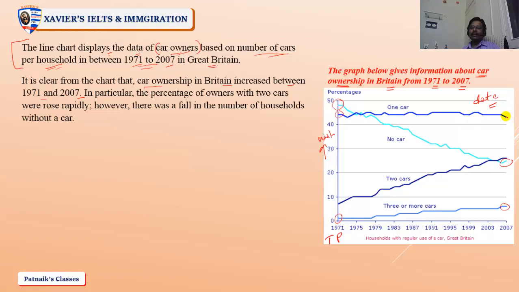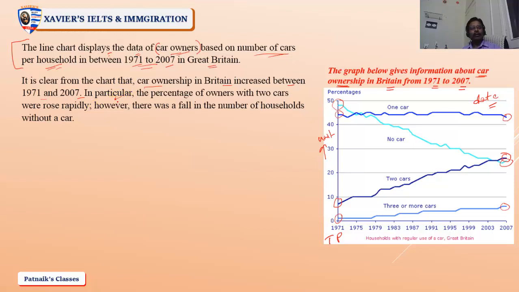Otherwise, for 2 car owners also the ownership percentage has increased. So I made a general statement that it is clear from the chart that car ownership in Britain increased between 71 to 2007, and then I took it a little bit further to clarify the summary.